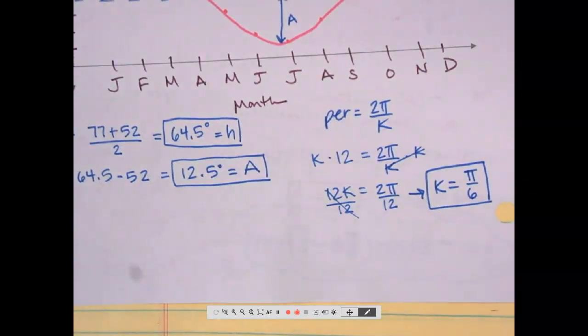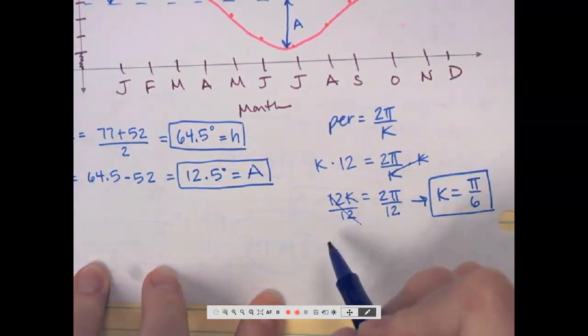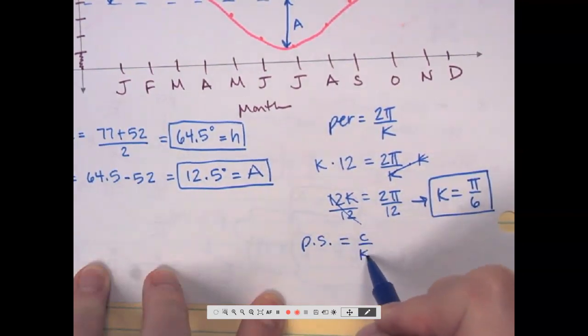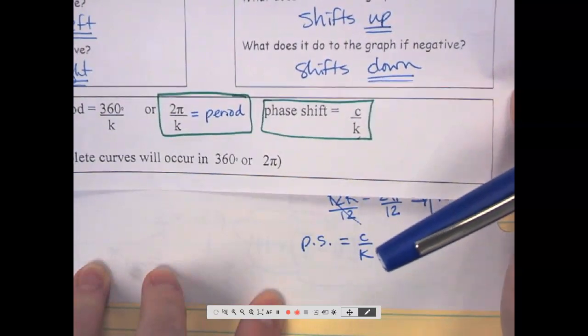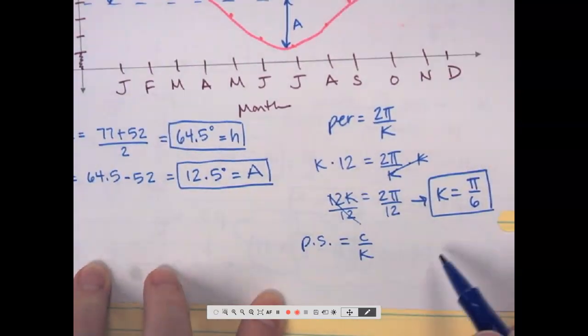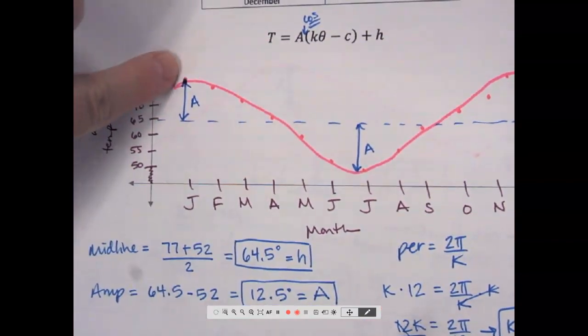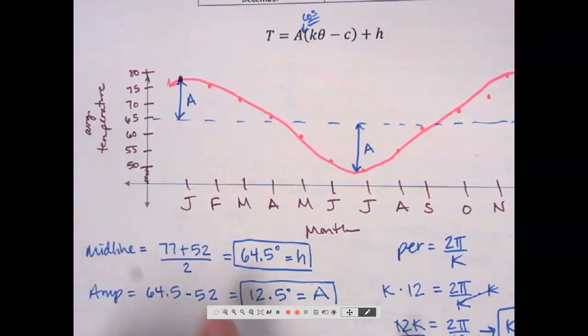Alright, next, the last thing we have to find is the C value. So I'm going to use phase shift equals C over K, the formula that's at the bottom of this sheet right here. And I just found K. How much is this graph shifted? It's not at a max over 0, it's at a max over month 1.